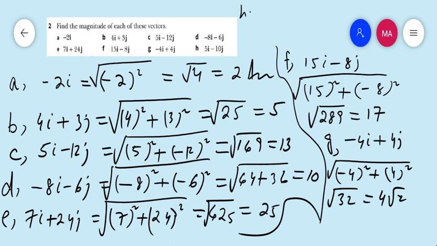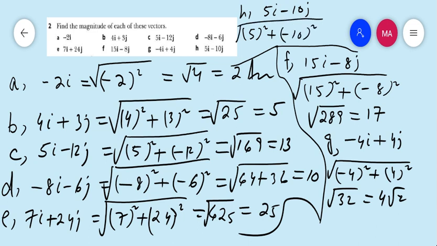H is 5i minus 10j. So it is the square root of 5 squared plus minus 10 squared. Final answer: 10 squared is 100 and 5 squared is 25.